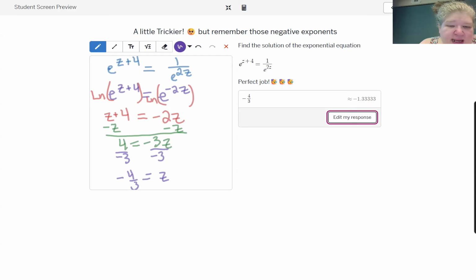And then we manipulate and we end up with negative 4/3. So even when the base is some weird number with decimals, as long as it's the same weird number, we can still solve the equation.